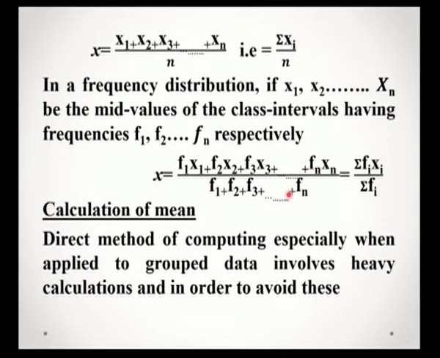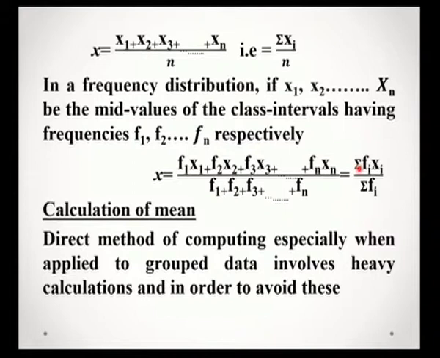This is how the arithmetic mean of a frequency distribution can be computed. In simplified form, this arithmetic mean formula can be written as summation of fi into xi over summation of fi, where i can take values between 1 to n.